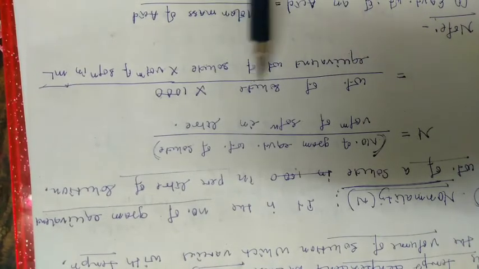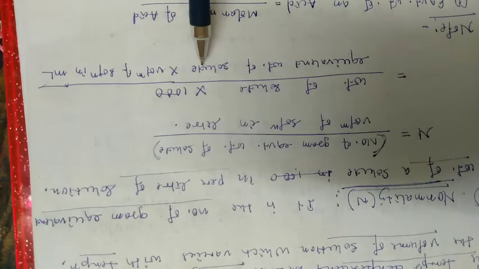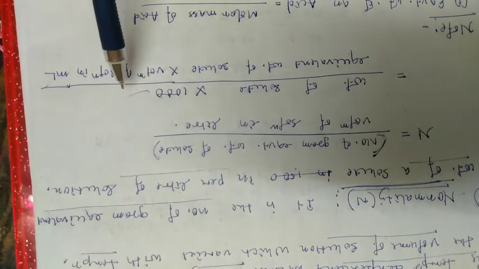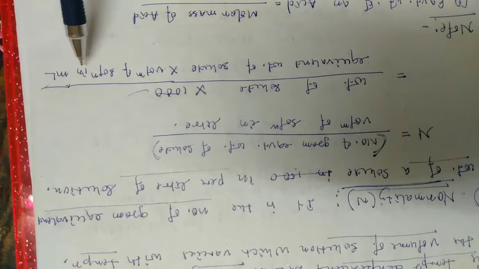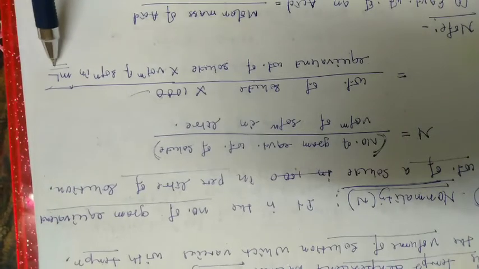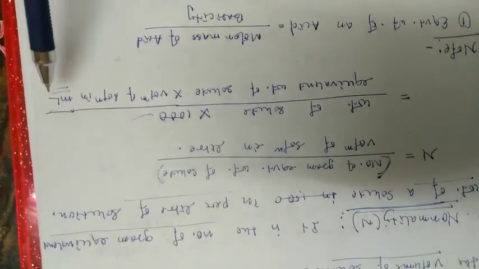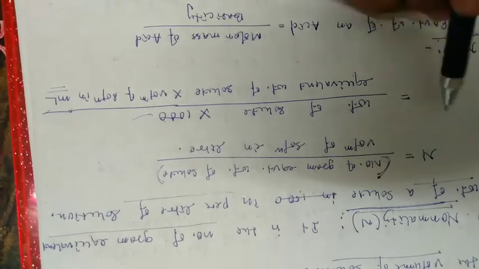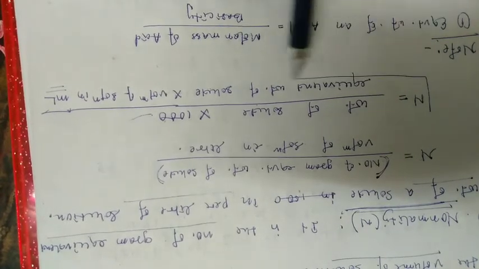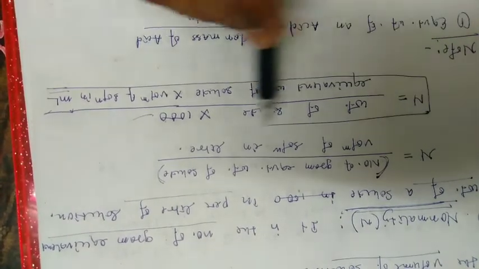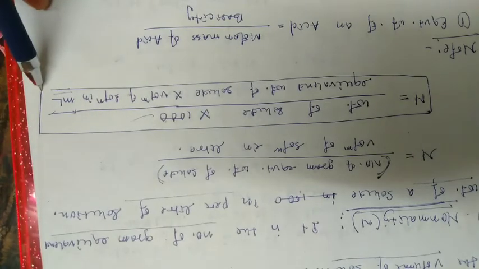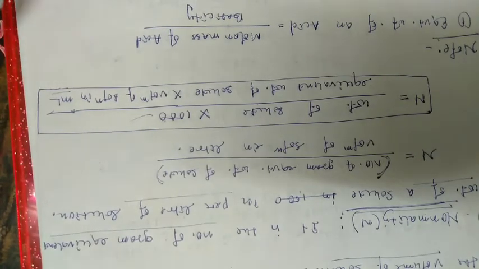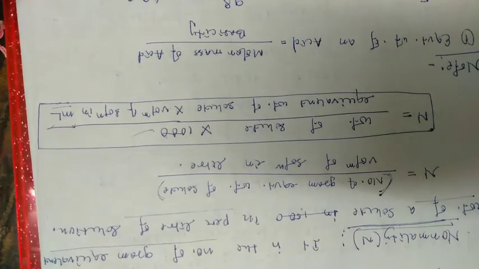Weight of the solute divided by equivalent weight of solute, multiplied by 1000, then volume of the solution becomes in milliliter. So it is the mathematical relation to find out normality, that means concentration in normal. Normality is also shortly known as normal.